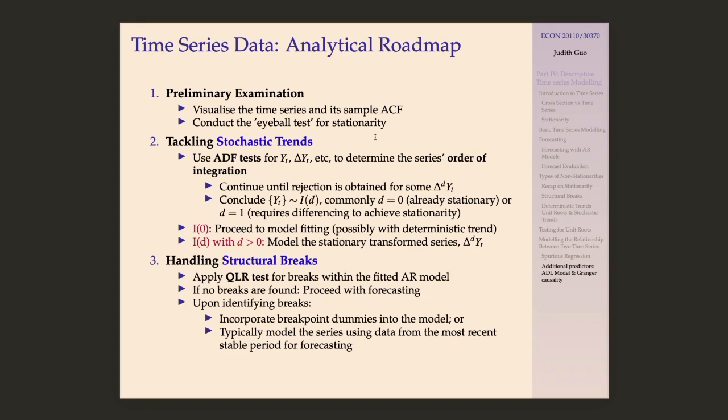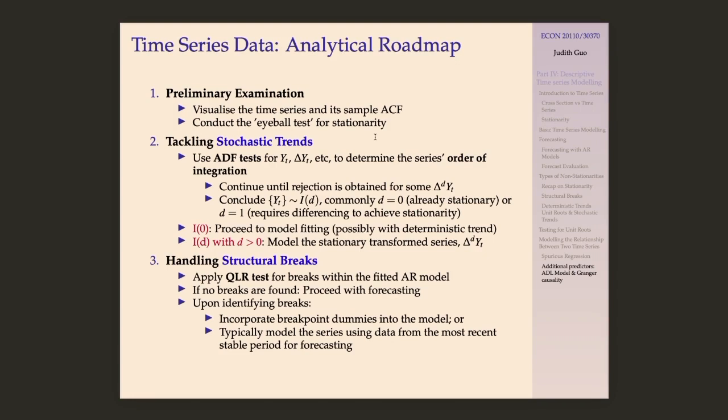We start from the general to specific procedure for the level, and then we follow a sequential approach to determine the order of integration. We continue the sequential approach until we find a rejection, obtained for some order of differences.